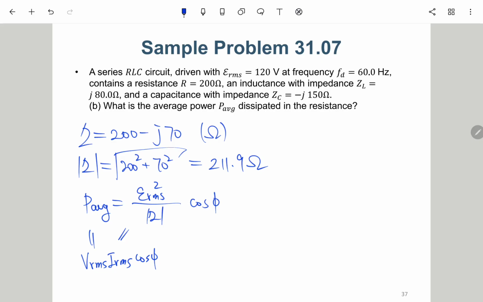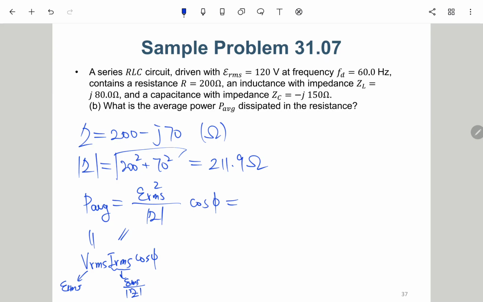V_RMS is nothing but E_RMS, and I_RMS will be E_RMS divided by the absolute value of Z. So it will be E_RMS squared divided by the absolute value of Z.